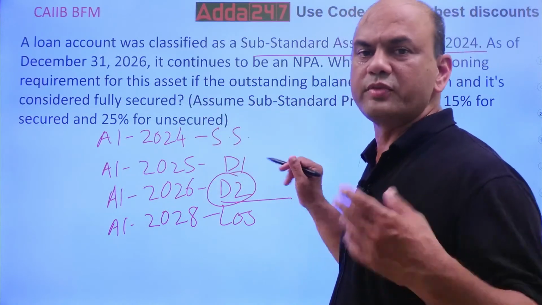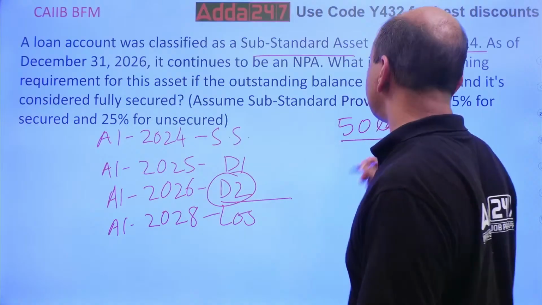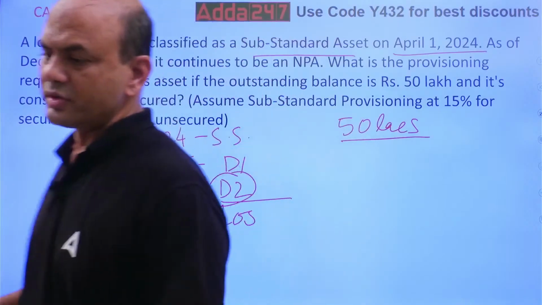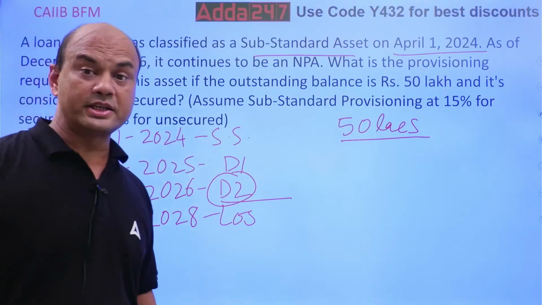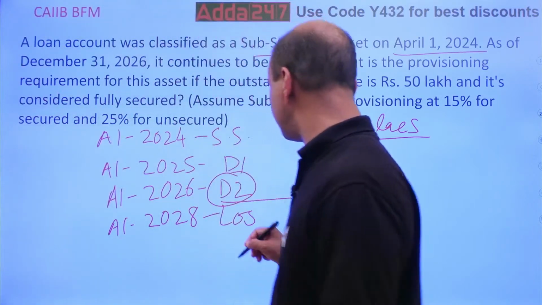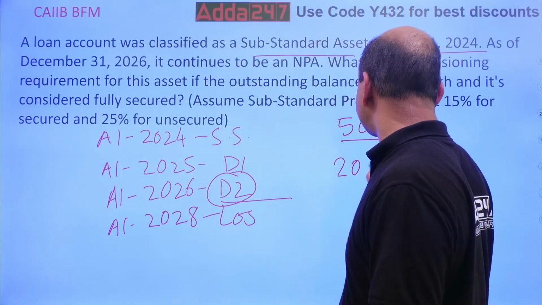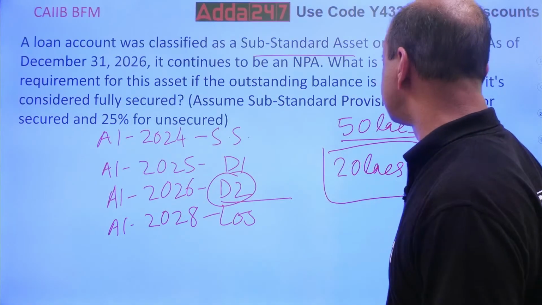So 50 lakhs, fully secured loan, nothing unsecured. It is in the D2 category. D2 is 40%, right? So 50 into 40%, 5 fours are 20. So 20 lakhs will be the provision.